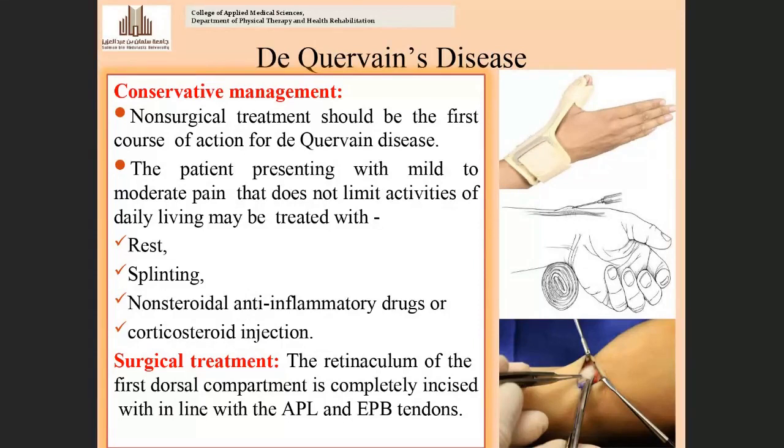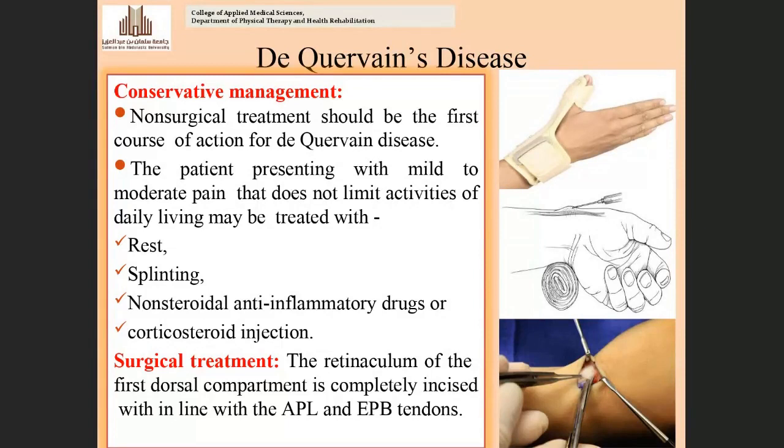To prevent further injury and to protect the structures, we apply braces or splints. If necessary, if the person suffers from pain or inflammation, you can go with non-steroidal anti-inflammatory drugs or corticosteroid injections. But if the patient still has pain or is in the chronic stage, they can be treated with surgical procedures.